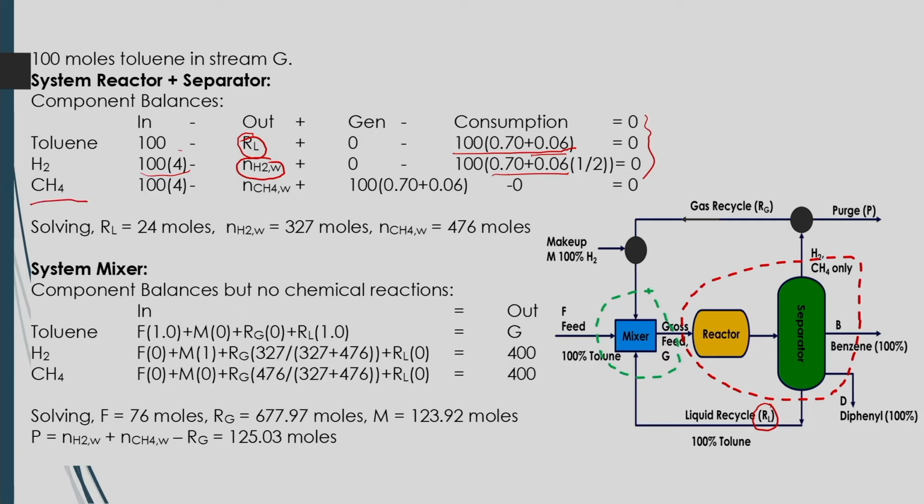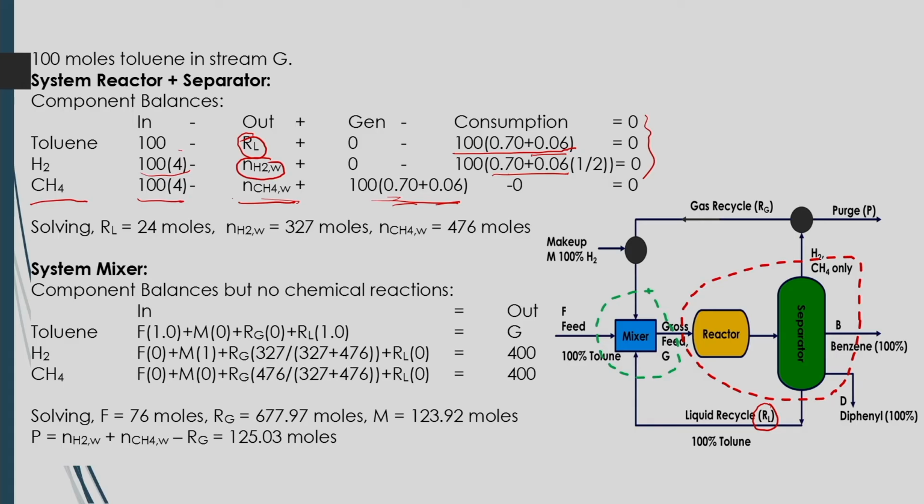Similarly, you can do the methane balance. In it will be 100 into 4, and the methane coming out from the separator is not known to you. Let us say this will be N methane. And here the generation term of the methane is considered, because methane is produced after the reaction. The amount of generation of methane per 100 moles is based on the conversion of 70%, and also the 6% of byproduct produced in the reaction with hydrogen gas.